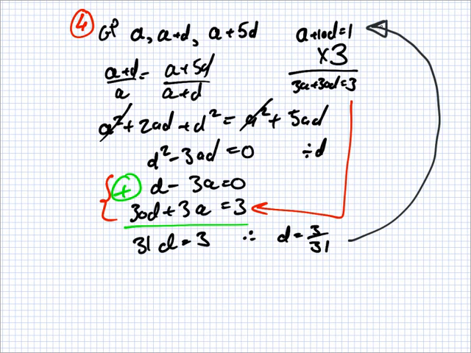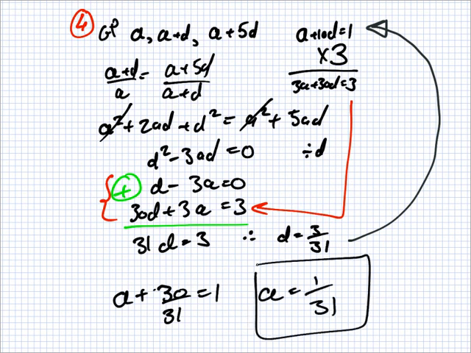Okay, this goes back in there. A plus 30 over 31 equals 1. Yeah? 1 over 31. Yeah. So then A equals 1 over 31 then is the answer. Splendid.